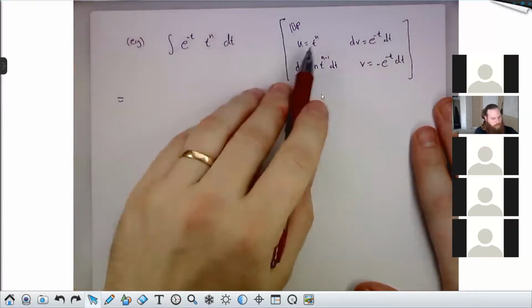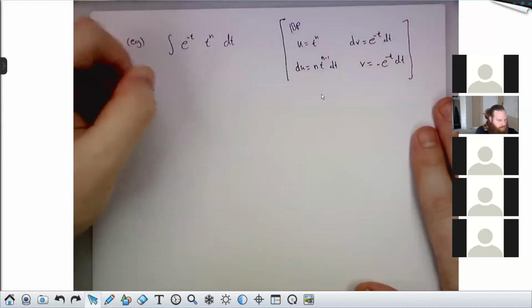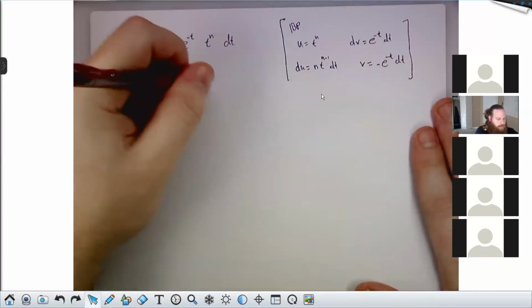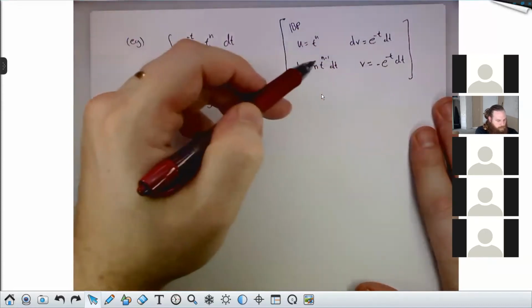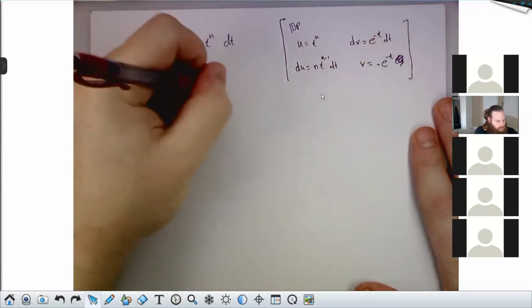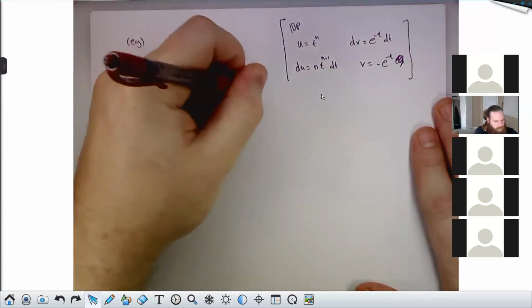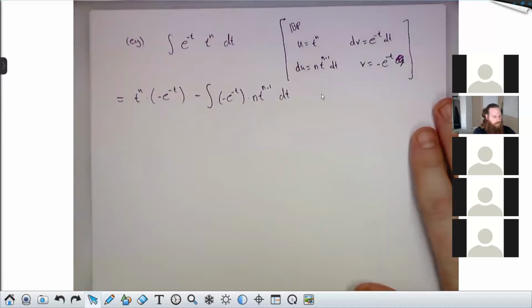So I would get u times v, which is t to the n times negative e to the negative t, minus the integral of v times, oh, no dt here, sorry, v times du, which is negative e to the negative t times n t to the n minus 1 dt.